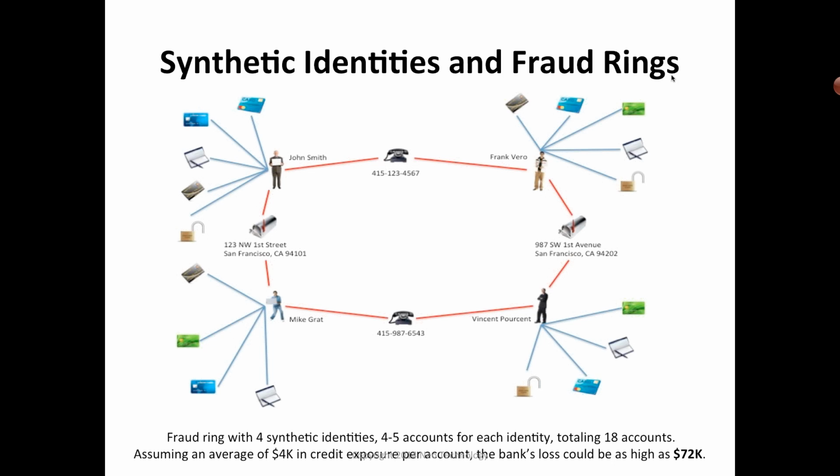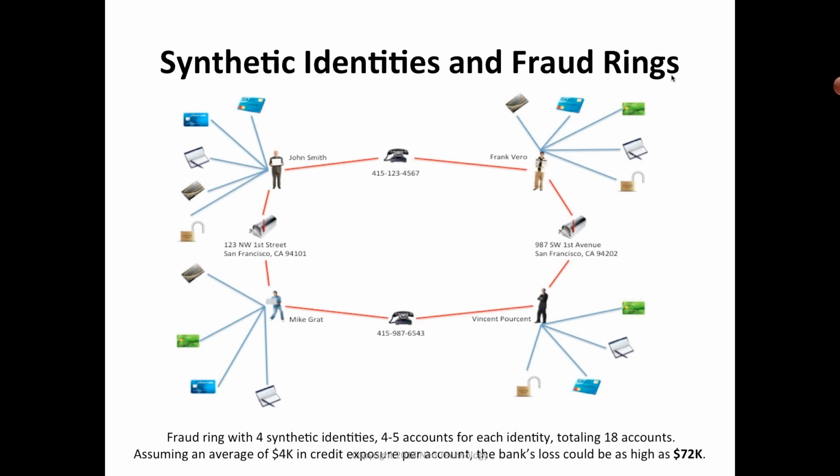So in this example that we see here, there are two people who are sharing their address and their phone number. As you see in this picture, there are two addresses and two phone numbers. And using these two addresses and two phone numbers, and by the way, these phone numbers are disposable mobile numbers that you can get with a disposable SIM card.